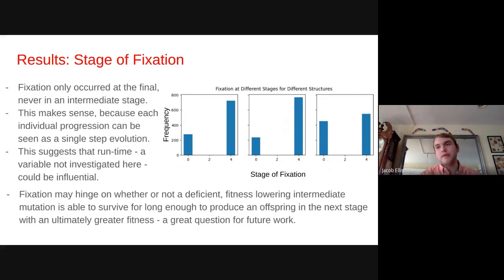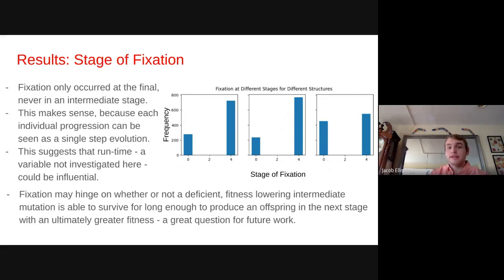So that would mean that runtime, how long we run the evolution for, would be very influential, and that is not a variable investigated here, which could be important for future work. And this means that fixation may hinge on whether or not a deficient, fitness-lowering intermediate mutation is able to survive for long enough to produce an offspring in the next stage with greater fitness.